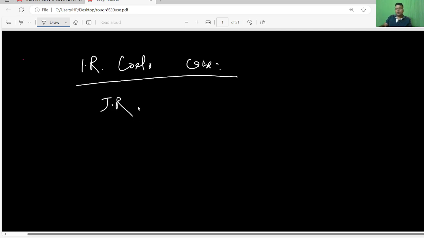You all know the concept of judicial review. Judicial review is that the judiciary can interpret any law formulated by the legislature, and the judiciary declares a law null and void if it is unconstitutional.